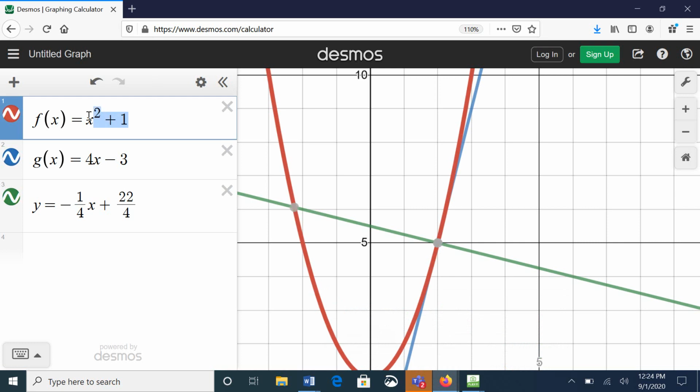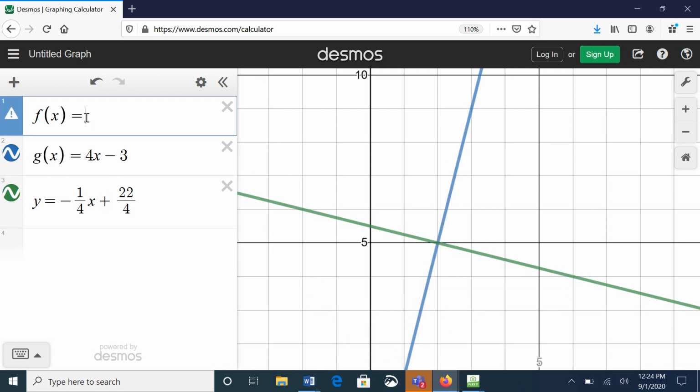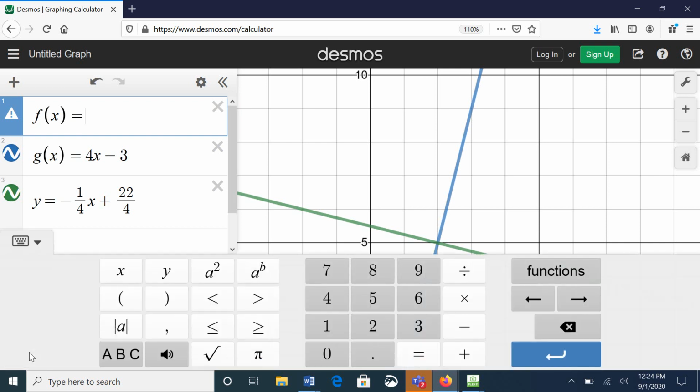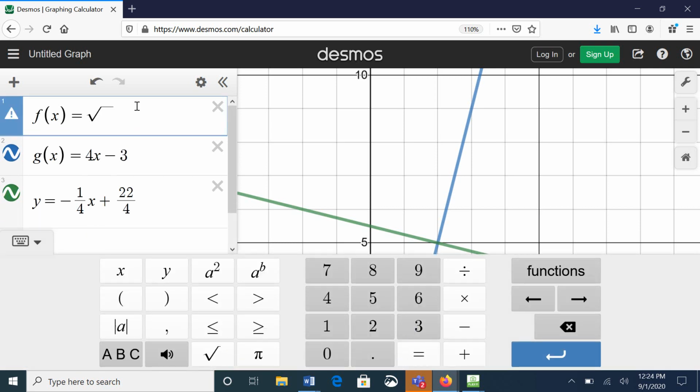All right, just for fun, let's go ahead and graph that one. So our original function was the square root. If you want a shortcut in Desmos, you can just type in SQRT, and it automatically goes to a square root. Pretty cool. So we have the square root of x, and then minus 1. That's our original function.